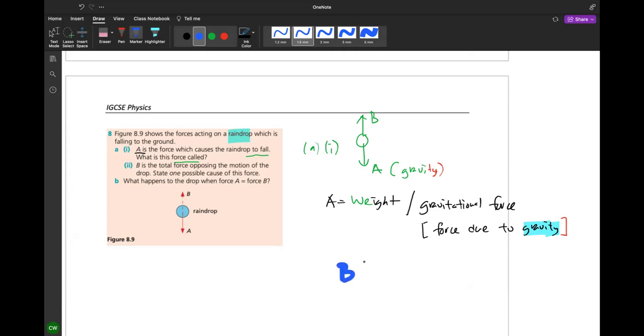Okay. What is B? Why is there an upward force? 为什么还有上的 force? Air resistance, correct. So air resistance is the one acting upward.